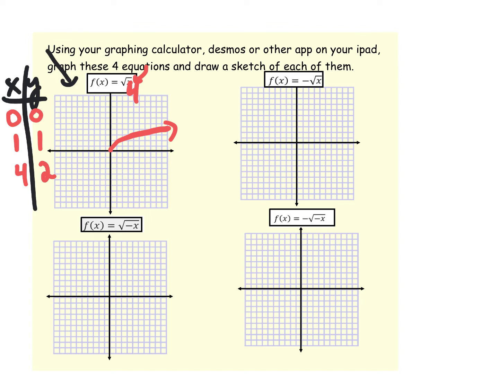And the next one that works nice is 9, because the square root of 9 is 3. And those points get graphed. One there, and then 4, 2 is basically there, and 9, 3. It looks like I went up a little too high on that last one, but okay, so there's what the square root graph looks like.